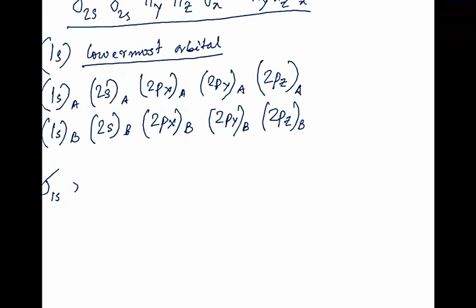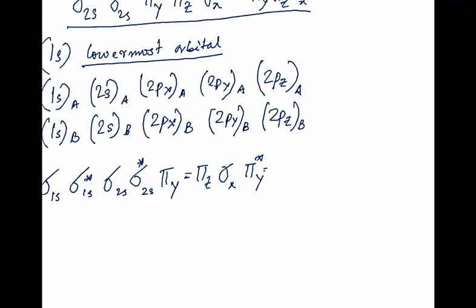First we'll have sigma 1s, then sigma star 1s, then sigma 2s, then sigma star 2s, then pi y equal to pi z, then sigma x bonding, then pi y antibonding equal to pi z antibonding, and lastly the sigma x antibonding orbital.